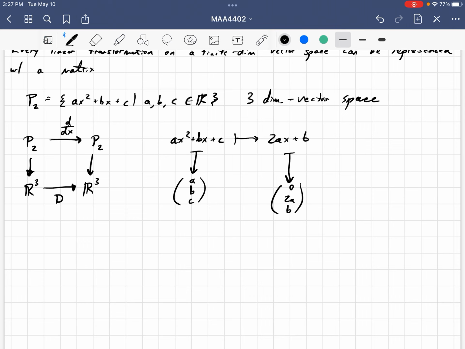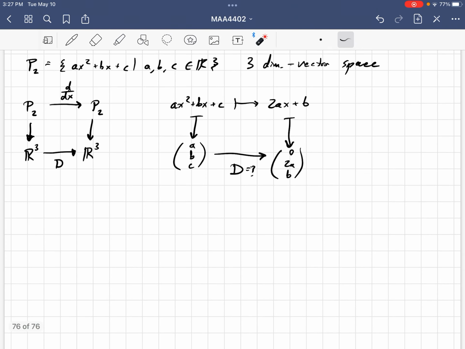And now the question is, what is the matrix D that maps this vector onto that vector? And the matrix that does that, we would kind of most naturally call the derivative matrix. It's the linear transformation that represents taking the derivative of ax squared plus bx plus c.